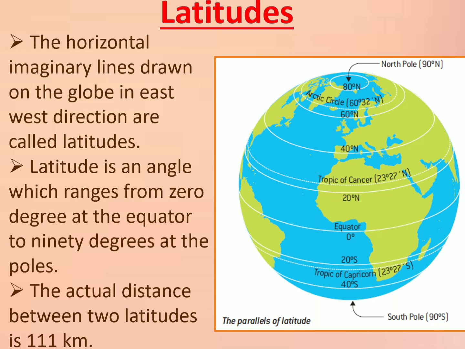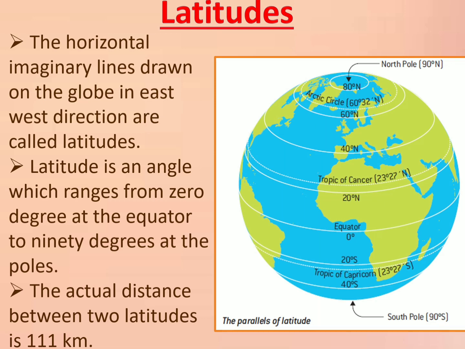Latitudes. The horizontal imaginary lines drawn on the globe in east-west direction are called latitudes. Latitude is an angle which ranges from 0 degree at the equator to 90 degrees at the poles.